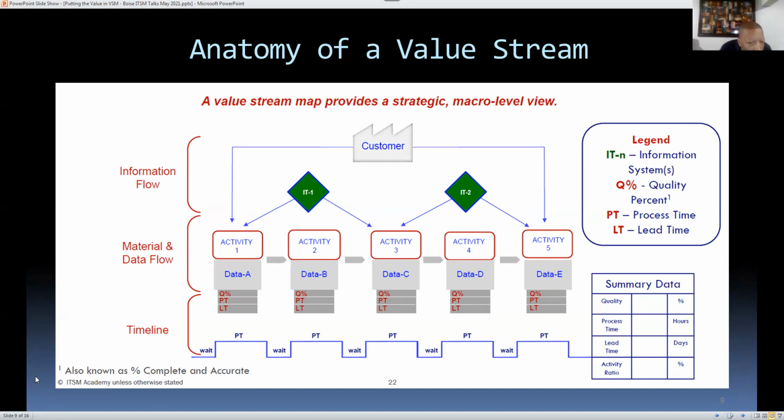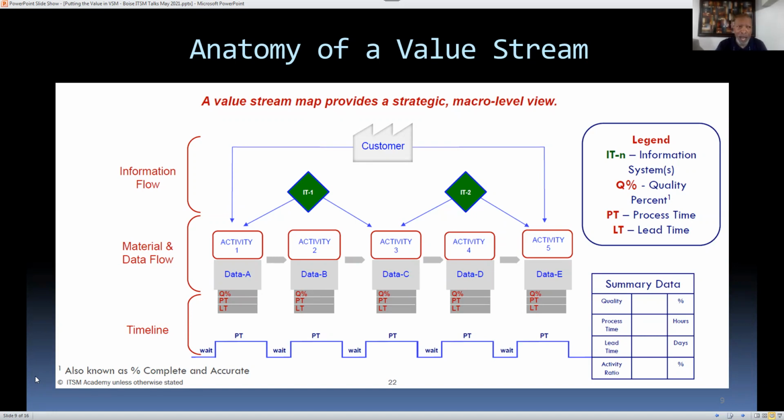Now I want you to look at the little gray horizontal boxes under the term data A. You see where you see Q percentage, right? Q percentage, that's the quality percentage. Let's be clear. If activity 1 passes less than 100% quality to activity 2, you have little chance of producing 100% quality at the tail end of this value stream.